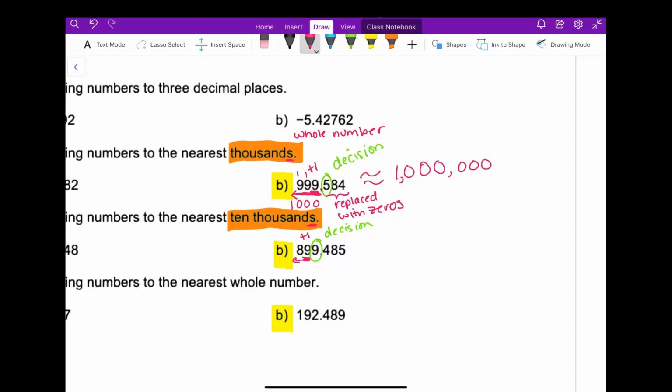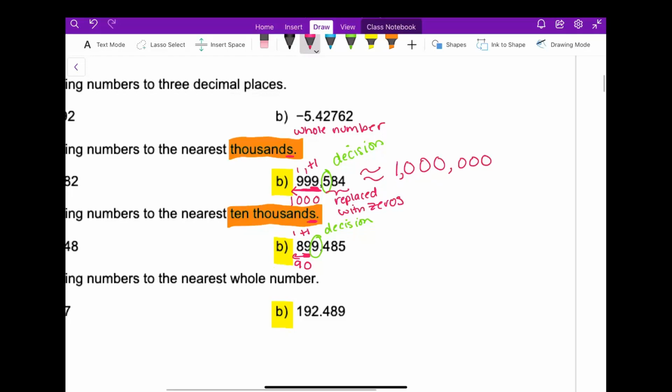We're going to add 1. So I'm going to do my little math underneath. 9 plus 1 is 0. Carry your 1. 8 plus 1 is 9. Now this one did a tiny chain reaction. It just changed two numbers instead of the way it changed everything else in the previous one. But we still have to be careful with that. And then what happens? Everything else goes to 0.